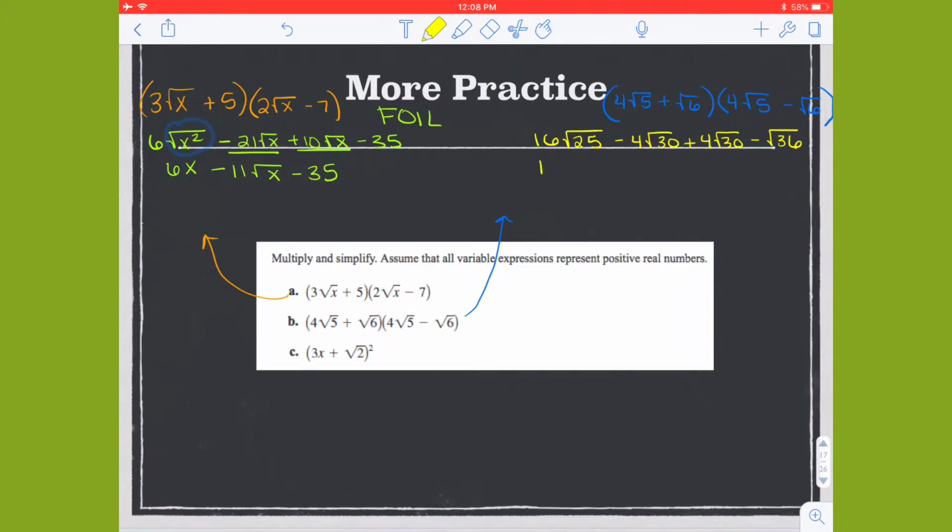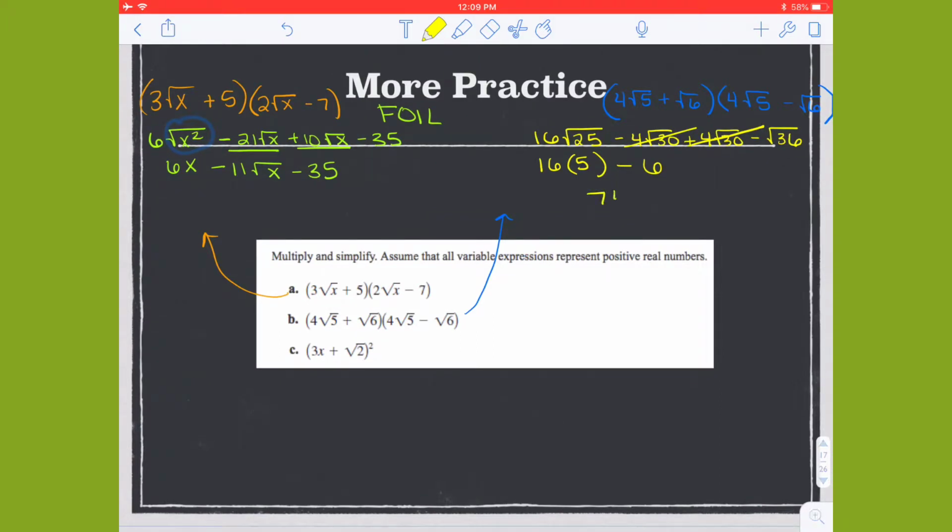And as I go to simplify, the square root of 25 is 5, so I have 16 times 5. My outer and my inner cancel each other out, and the square root of 36 is 6. And if I go to my handy-dandy calculator, and I type in 16 times 5, I get 80. And when I subtract 6 from that, I get a final answer of 74.